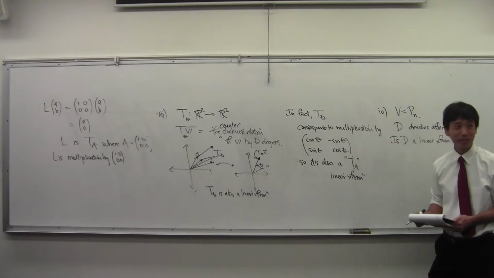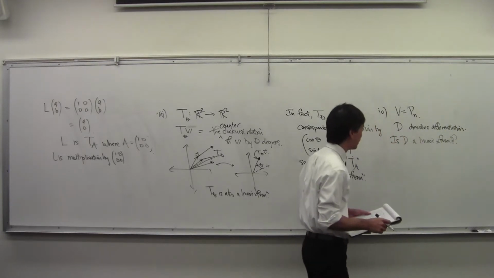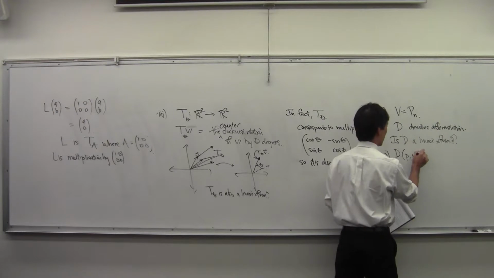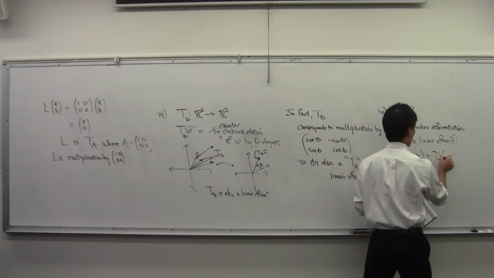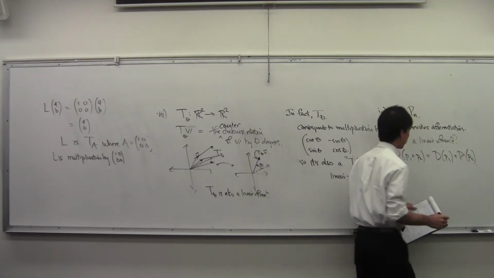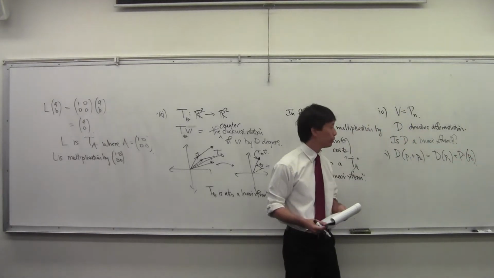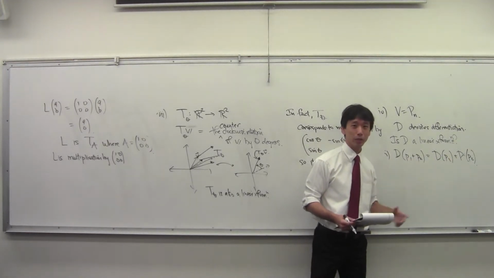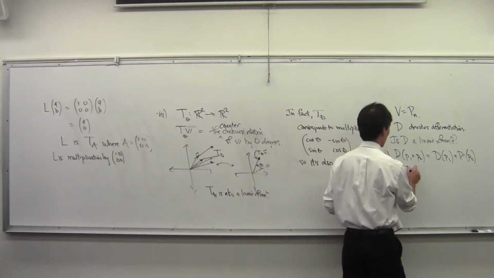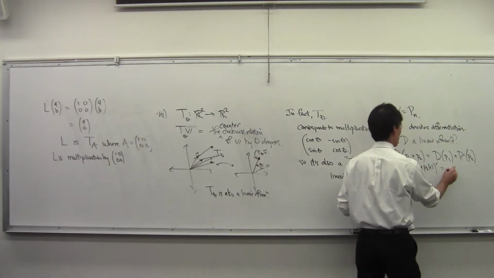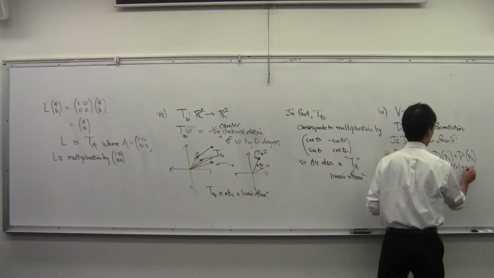Okay, it is a linear transformation. Why? Well, if I take the derivative, what kind of properties do we need to show? That D of the sum equals the sum of these guys. Is it true that the derivative of a sum of polynomials is the sum of the derivatives of the polynomials? Sure, you've seen that. You differentiate two functions and then add them together.